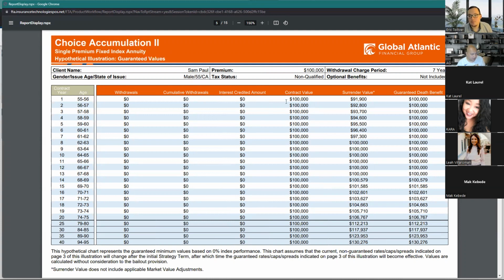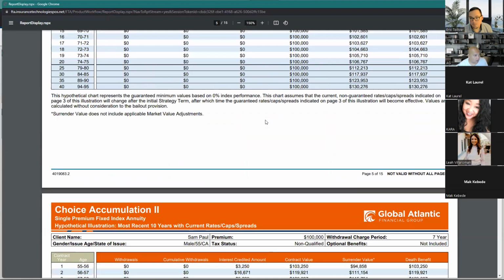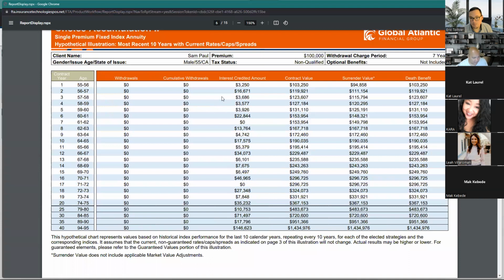It means the index goes negative for the next 40 years, which means Apple shut down, Tesla shut down, Google shut down, Microsoft shut down, Amazon shut down, and all the banks shut down, and all the healthcare companies and pharmaceutical companies, and all the car companies. They all shut down, so it's the apocalypse, right? Then their money is still guaranteed, okay? That's what this page is for. If the whole system collapses, right?